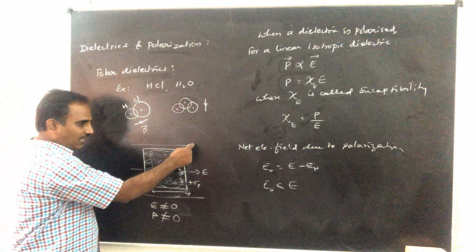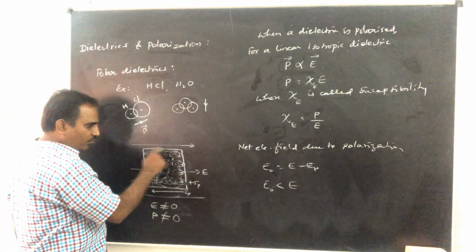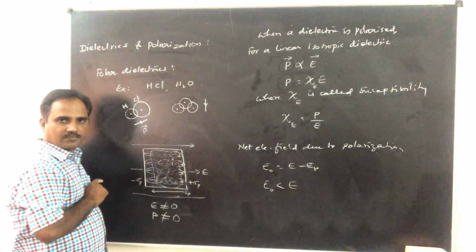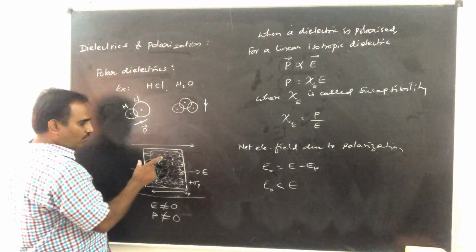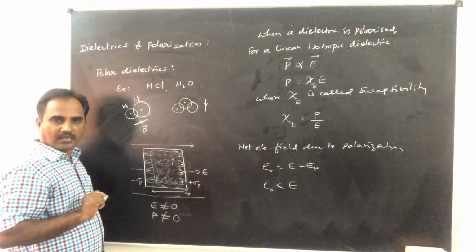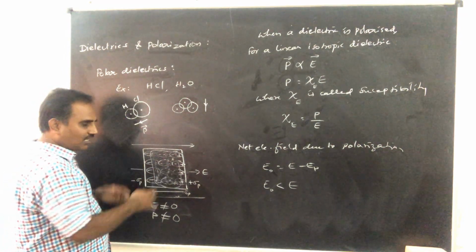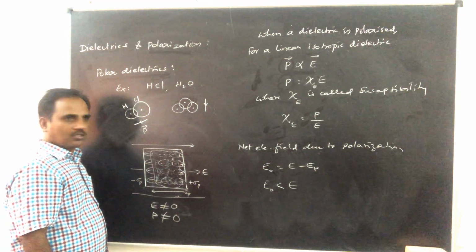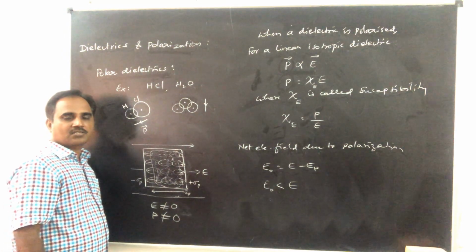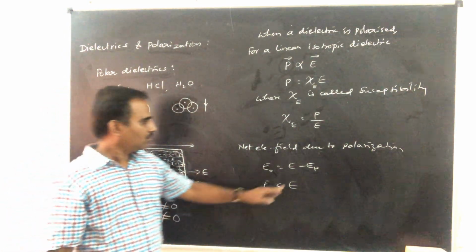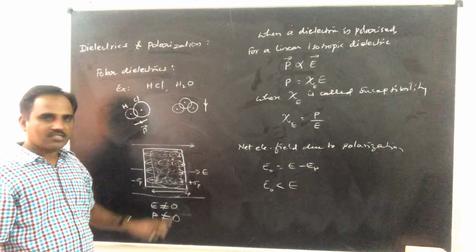So in an external electric field, when you keep a dielectric medium like this, due to dielectric polarization, the net electric field decreases because of this mechanism.